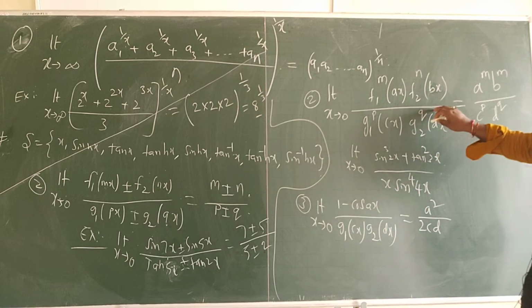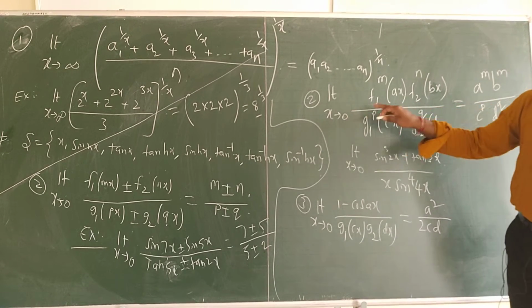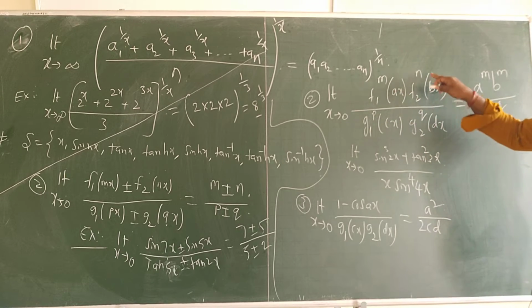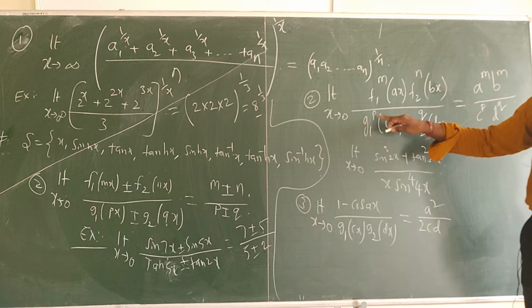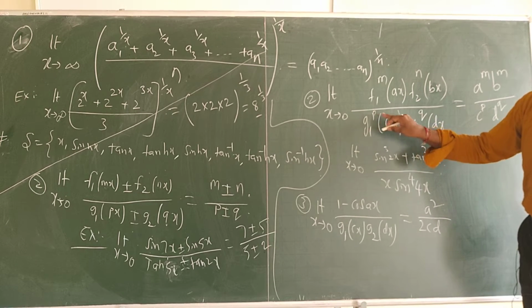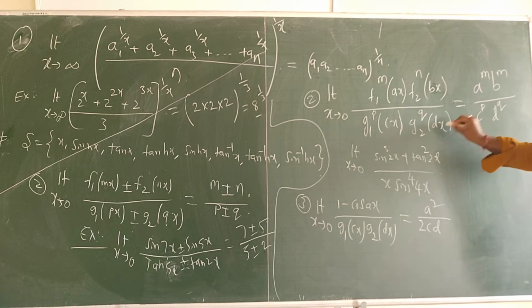Next, this one, power. This is important for JEE. ये important है. I have seen many questions based on this. So limit extends to 0, f1 power m, ax, f2 power n, bx, g1 power p bracket cx, g2 power q bracket dx.